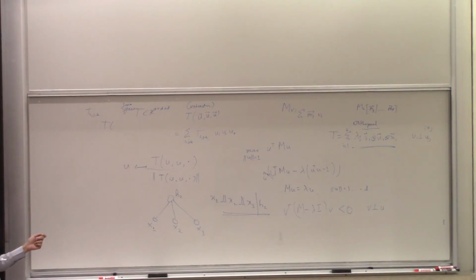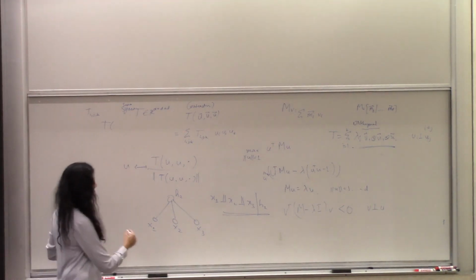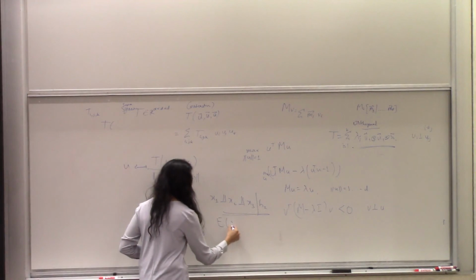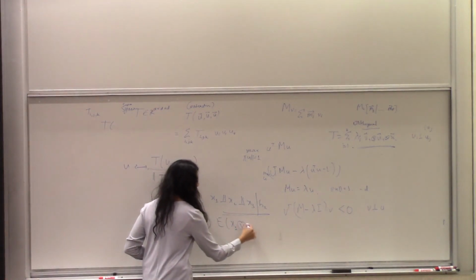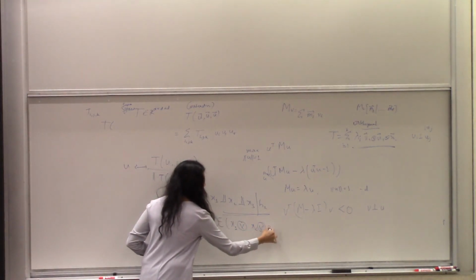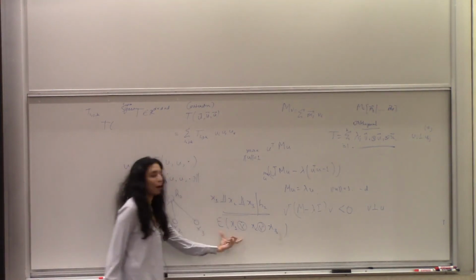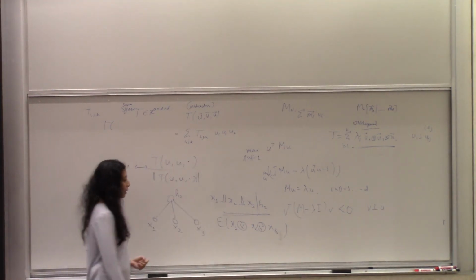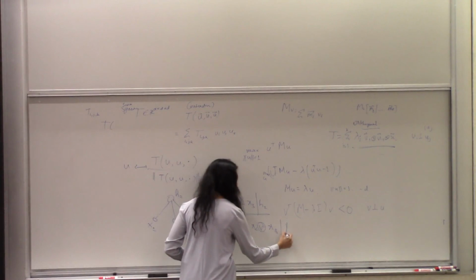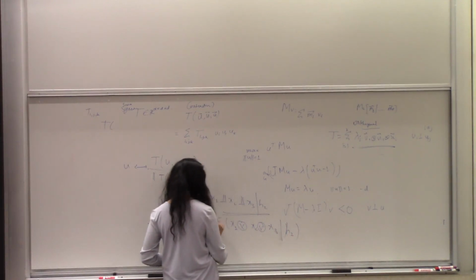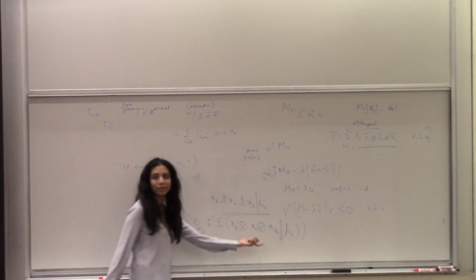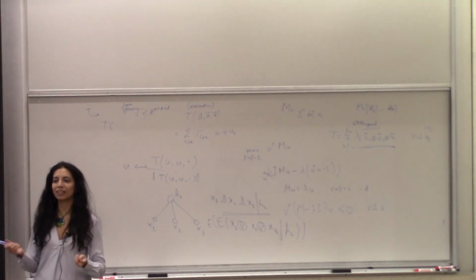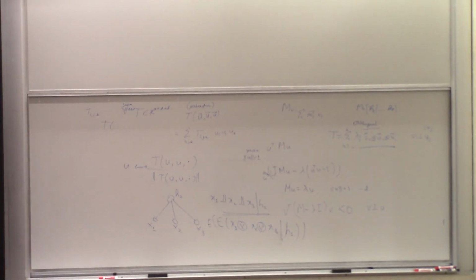So I can still think about writing out these moments in terms of tensor decomposition. I can ask, what is the form of this moment? First I can condition on my hidden variable and then marginalize over the hidden variable. If you recall, for expectations I can condition and then marginalize over the conditioning variable.